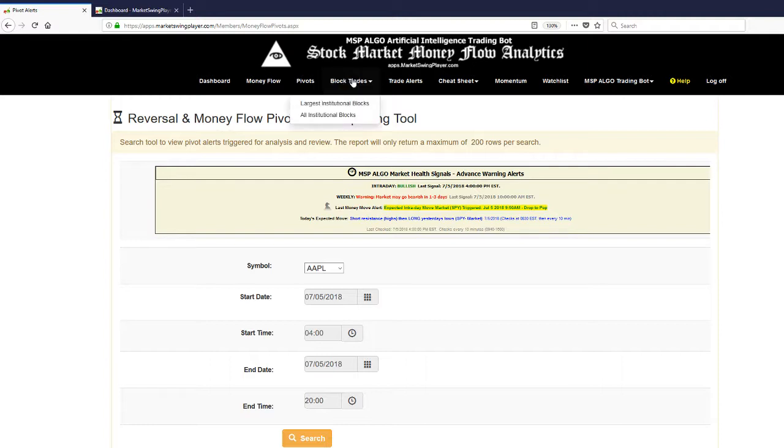Block trades don't really exist in real time. Most of those are after the fact that are reported, so they are ignored. But what we do is let MSP ALGO determine what a block should be based on an algorithm.